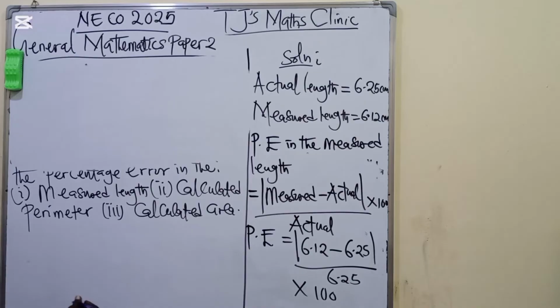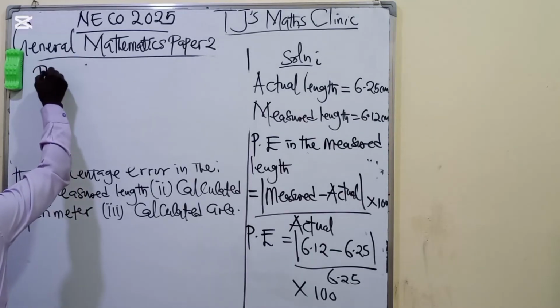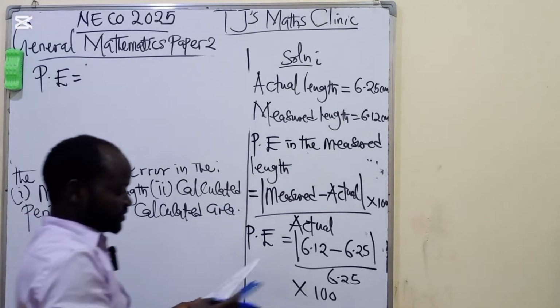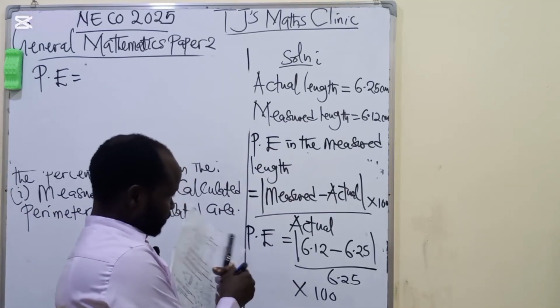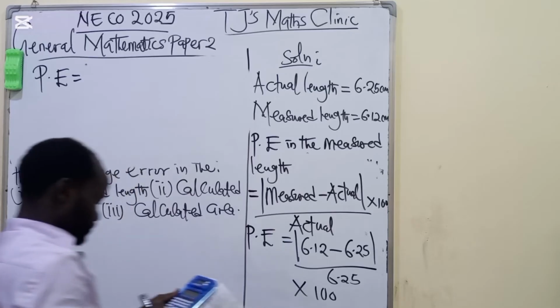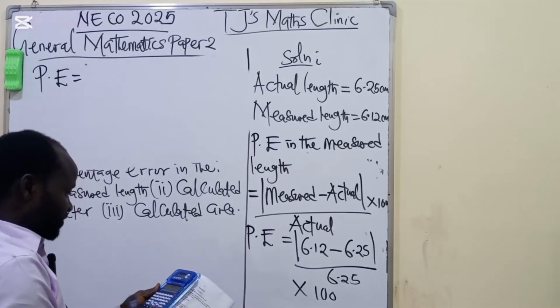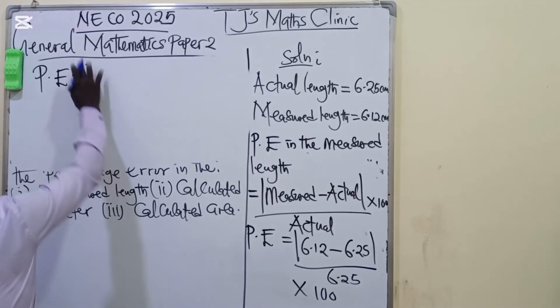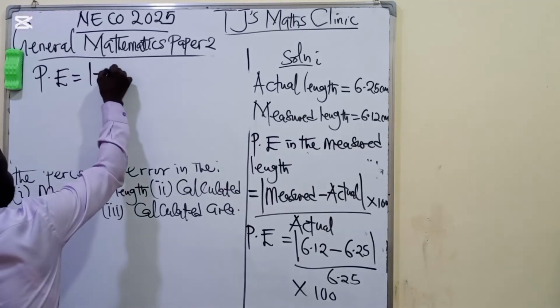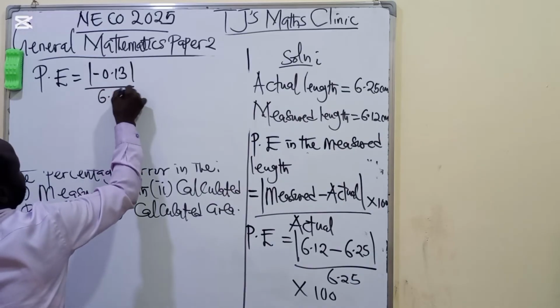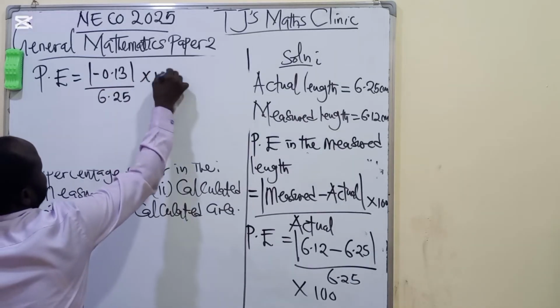Very important. So the percentage error in the measured length will be, we subtract 6.25 from 6.12. What do we have? We have the absolute value of minus 0.13 divided by 6.25 times 100.